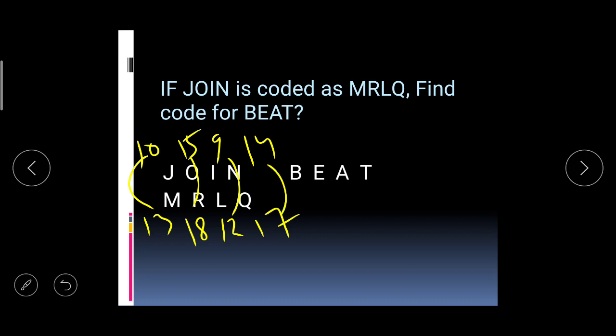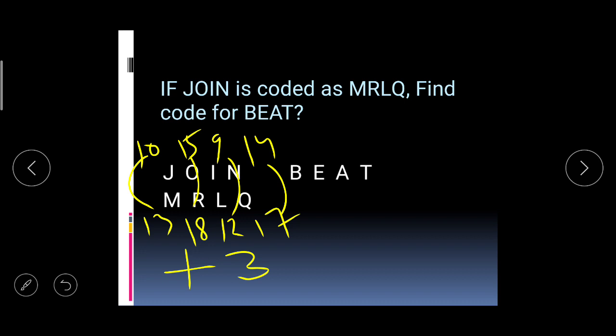Do you understand any pattern? Yes. It is adding plus 3. 10 plus 3 is 13, 15 plus 3 is 18, 9 plus 3 is 12 and 14 plus 3 is 17. Right? So if you write the positions, it is very simple to understand the code.